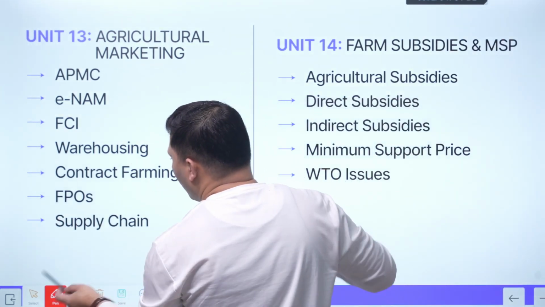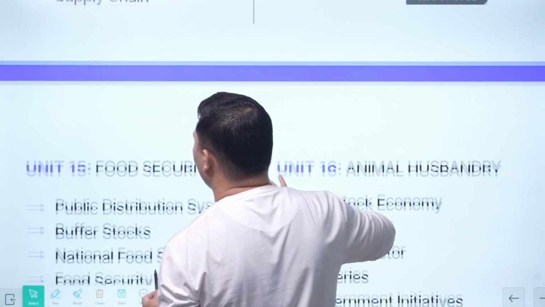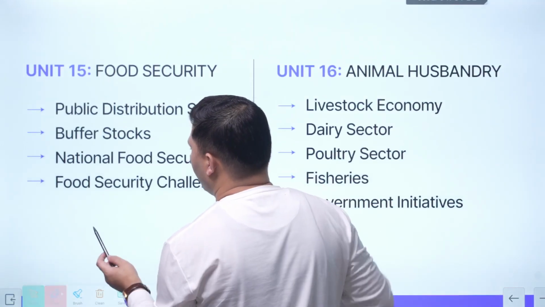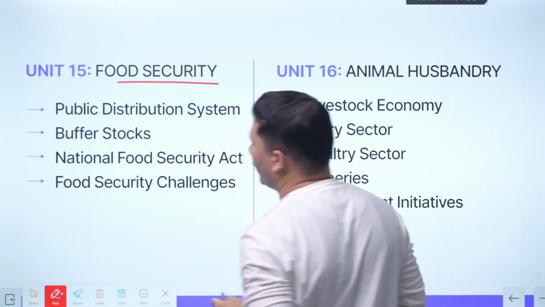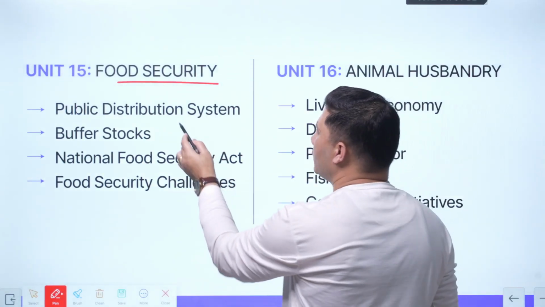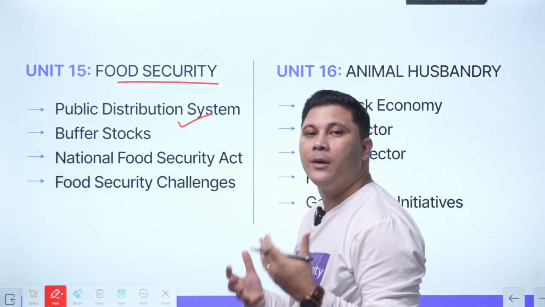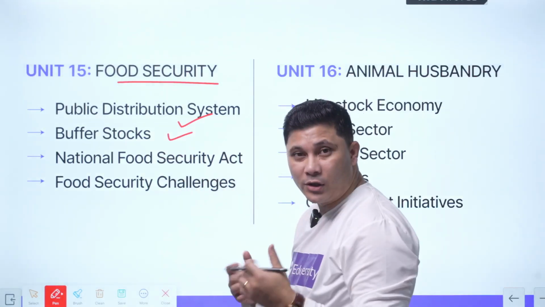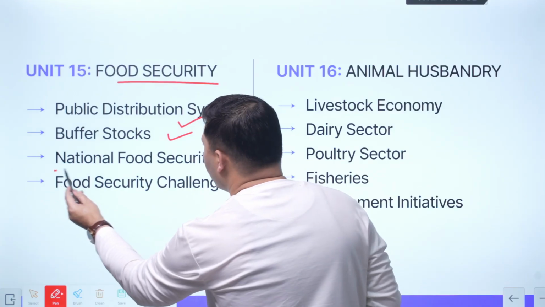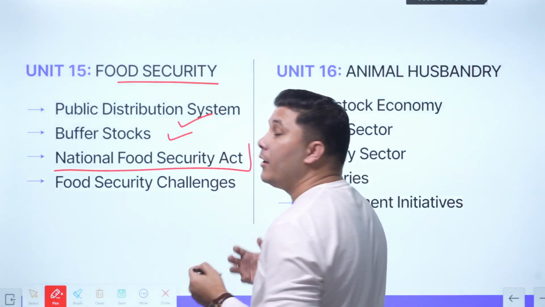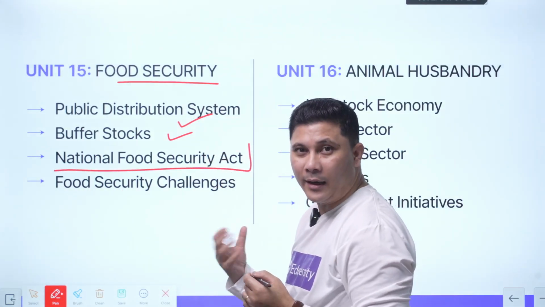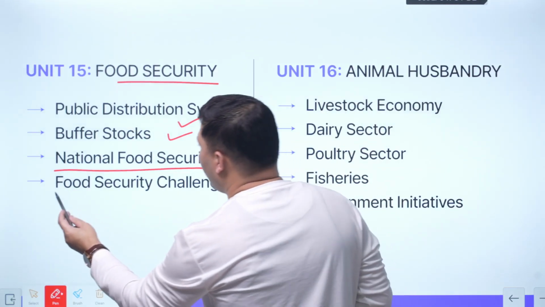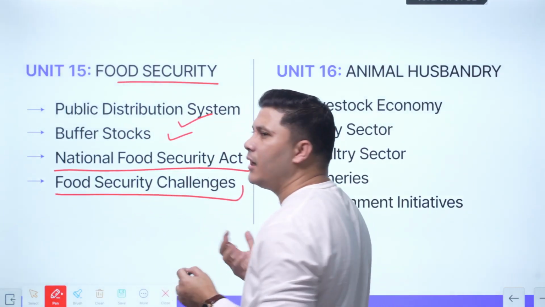Now again going forward, we have to also study food security. In food security, we have to learn the PDS, public distribution system, in depth, India's buffer stock, and the National Food Security Act, very important, along with food security challenges in India.